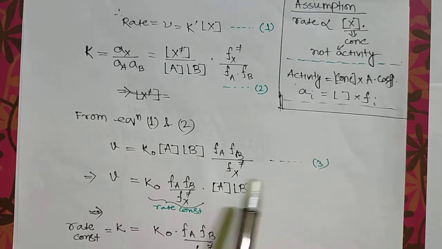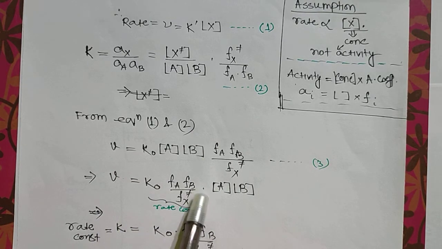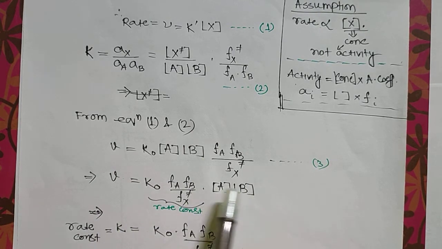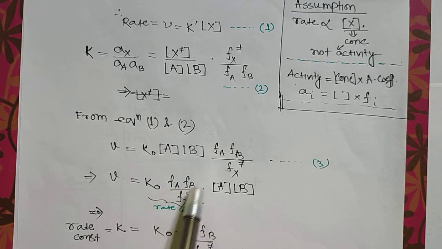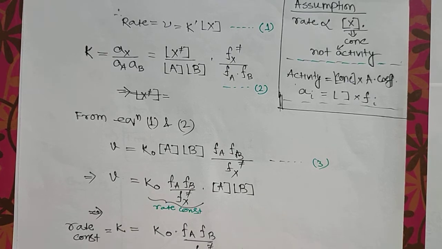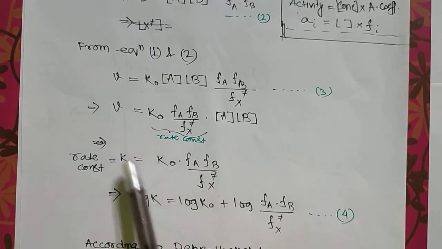This is equation 3. We rearrange: rate equals rate constant times the concentration of the reactants, so the rate constant K equals this expression, and in the next step we take the log. This is equation 4.